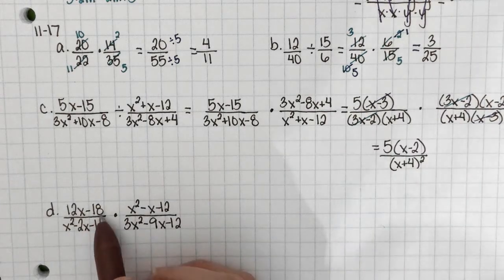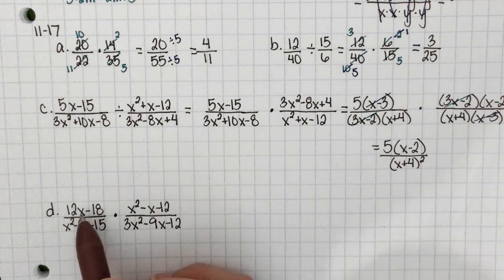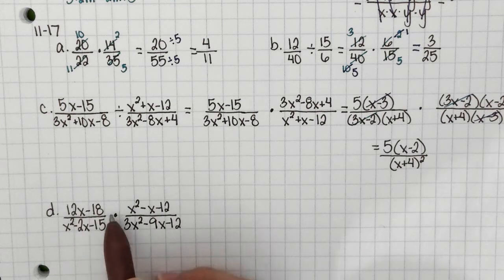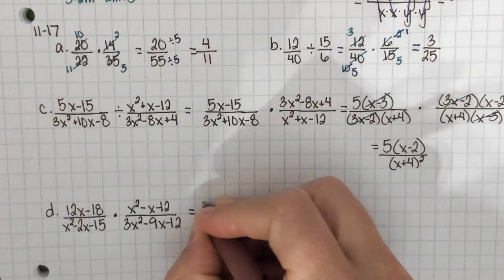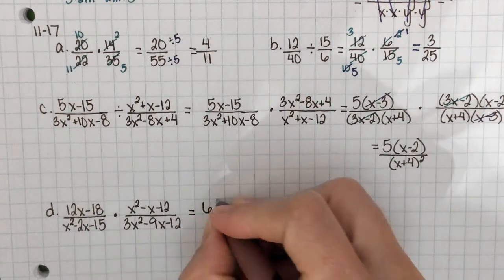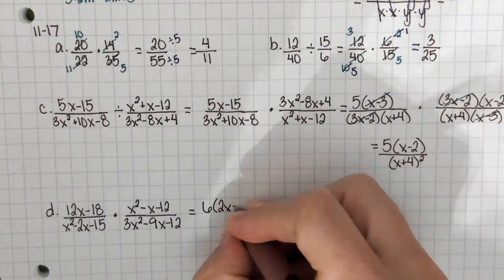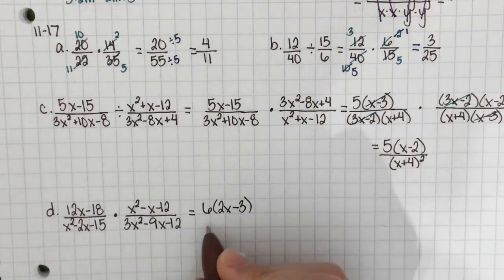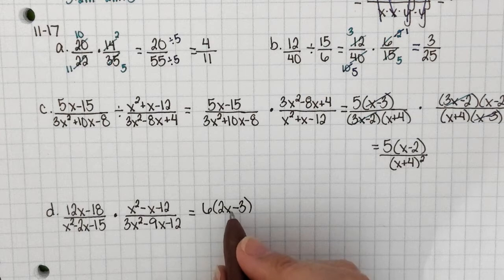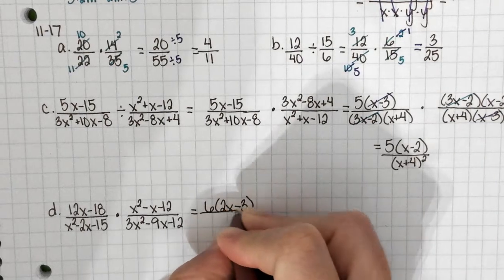So let's see, 12x minus 18. This has a common factor of 6. So if I divide everything by 6, 12x divided by 6, I get 2x. 18 divided by 6, I get 3. So my first numerator factors into 6 times 2x minus 3.